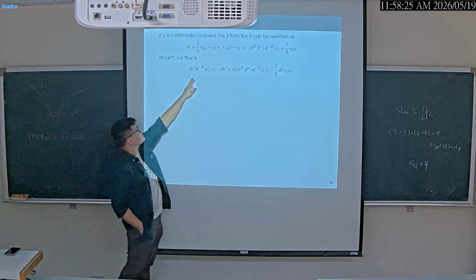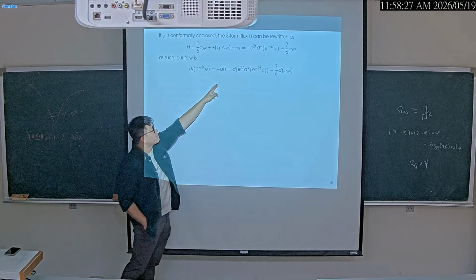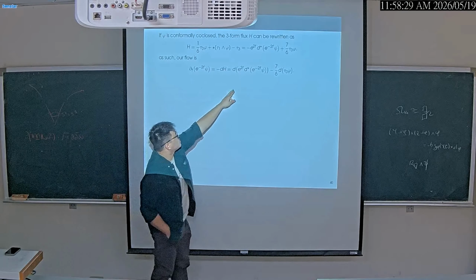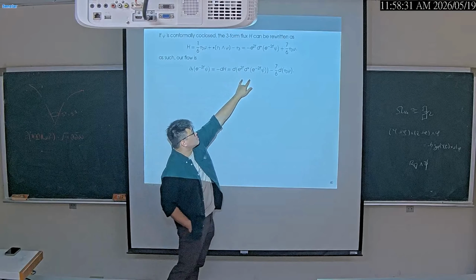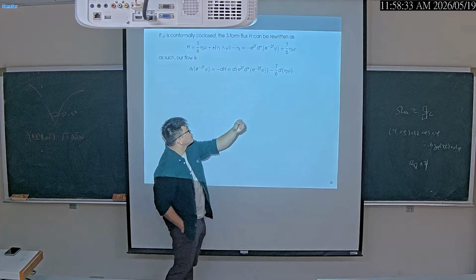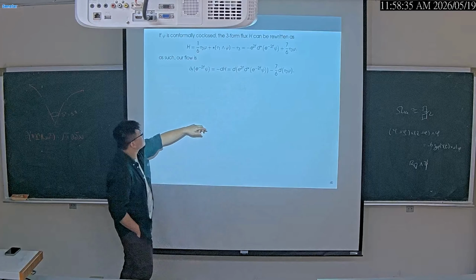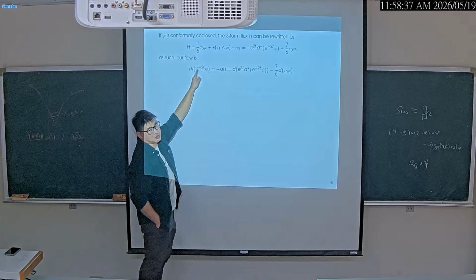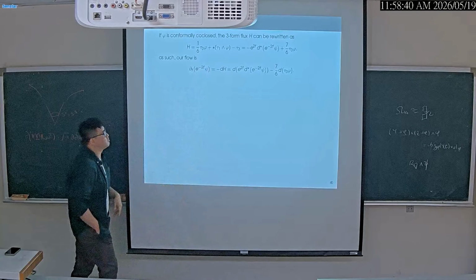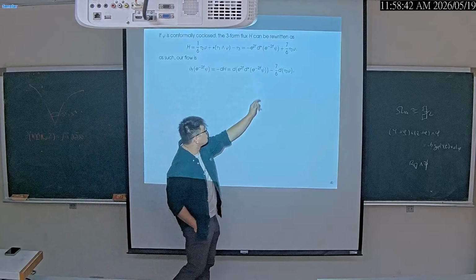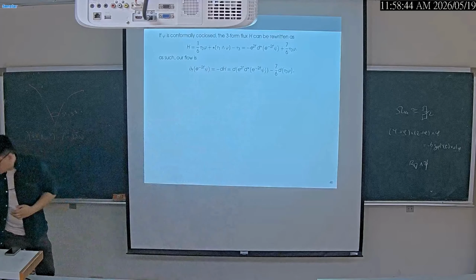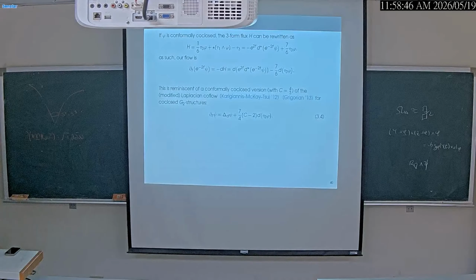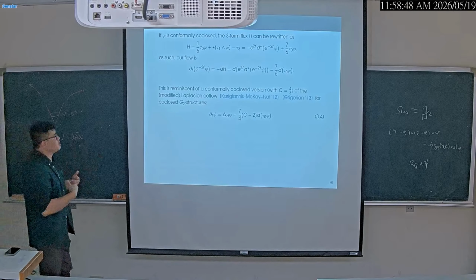So the flow that we defined was flow conformally balanced, conformally co-closed by minus dH, and this looks like some sort of conformal version of a Hodge Laplacian, right? d star. I ignored the d star d part because you assume that this is already closed, so d star d of e to the minus 2f psi is 0. So this looks like a conformally co-closed version of another flow that's been studied.